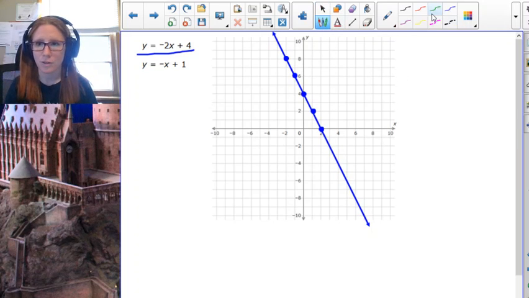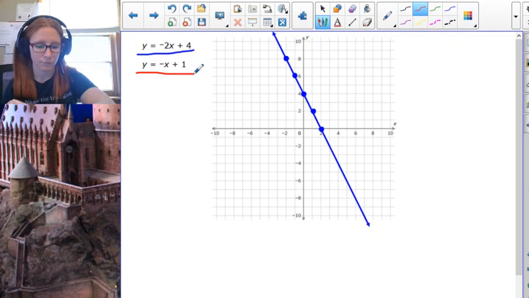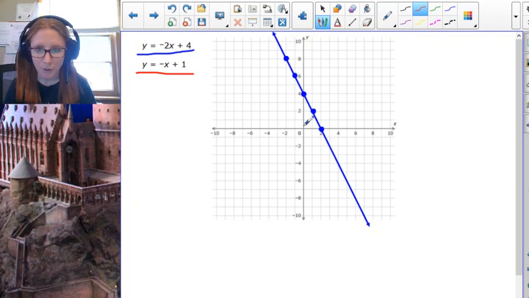Okay, so then let's do the next one and make it red. So we'll do +1 because that is where my y-intercept is. Again, I'm going to make my dot a smidge bigger. So +1. And then I have a slope of -1, which means down 1, right 1, and down 1, right 1.